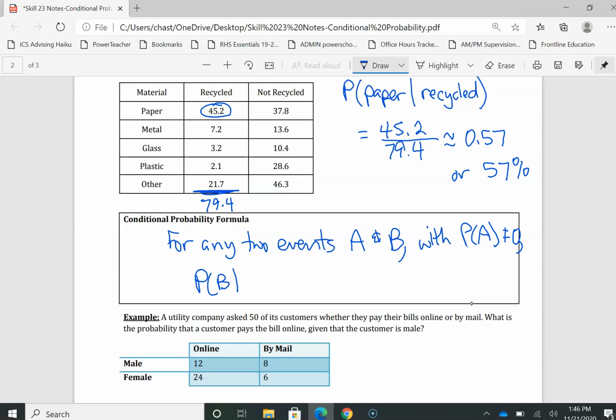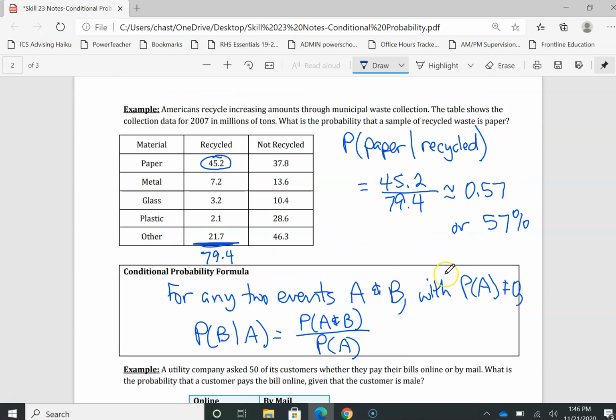The probability of B given A is the probability of A and B happening at the same time, divided by the probability of A. When you think about how we did that in the last example, B would be paper and A would be recycled. So we are finding the probability of A and B, so recycled and paper, so that's the 45.2. And we divided by the probability that we had recycled, okay? So recycled, remember we added up all the recycleds, so that's how we got that probability.